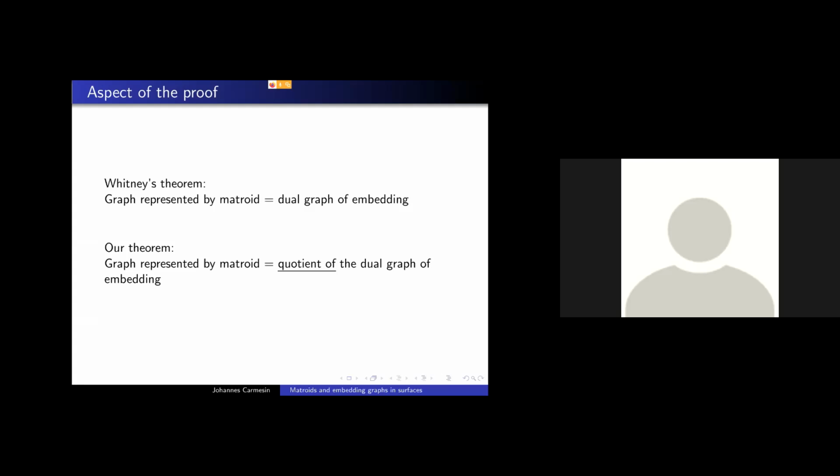So this is like the inverse operation of taking a quotient. Now in the second implication, what we'll have to do is actually this quotient operation. We have now this dual graph of the embedding, and we have to find a suitable quotient that will be equal to this matroid.